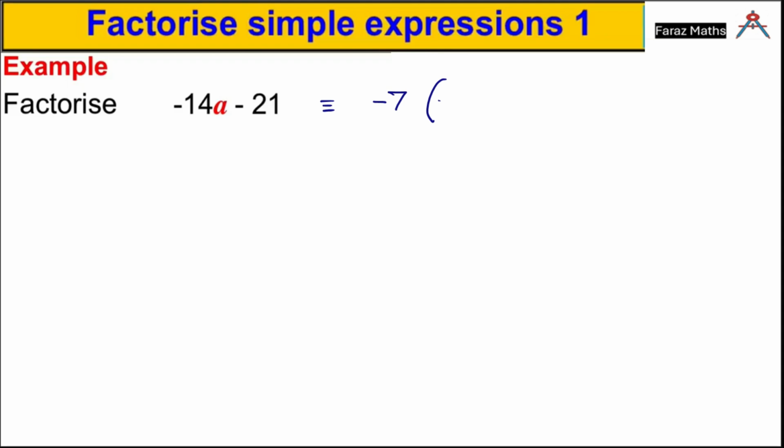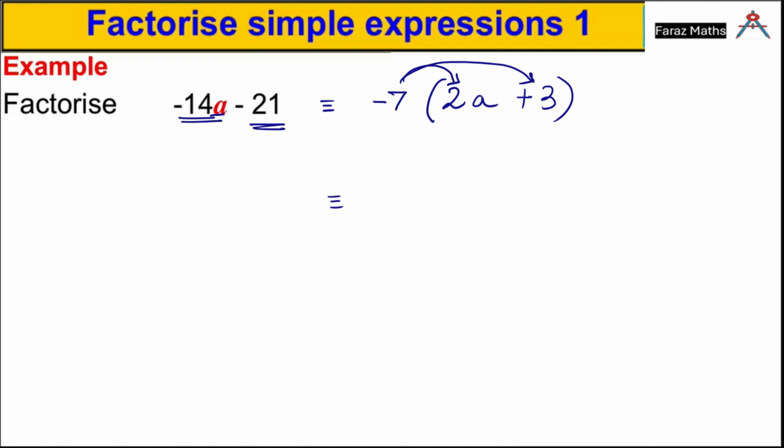Minus 7 times 2a will give you minus 14a. Minus 7 times plus 3 is minus 21. You can double check it. Minus 7 times 2a is minus 14a, and minus 7 times plus 3 is minus 21.